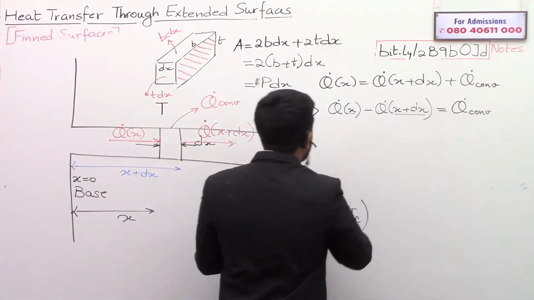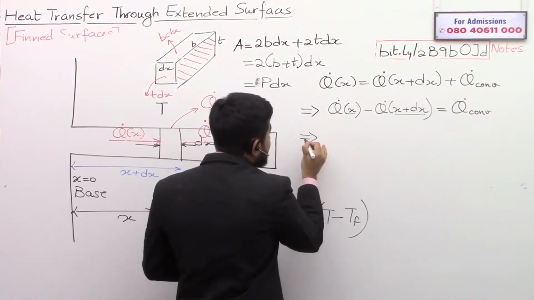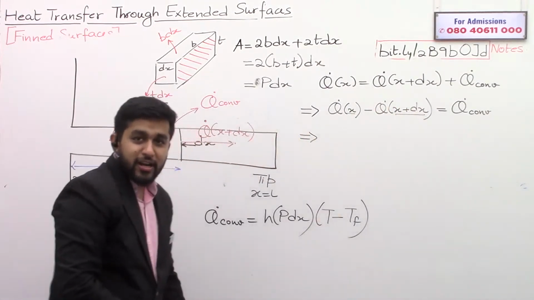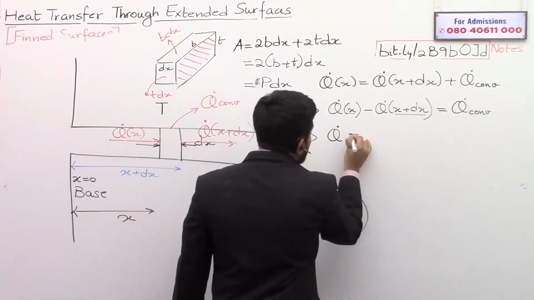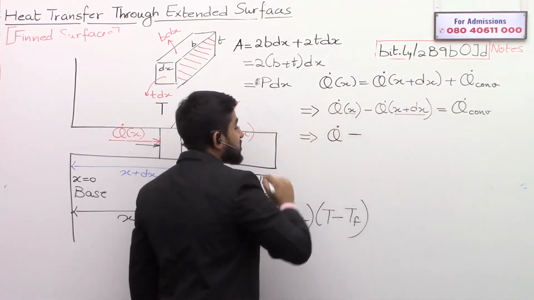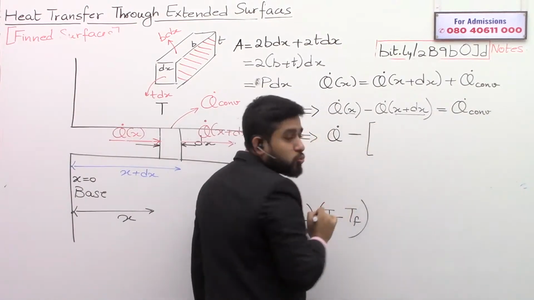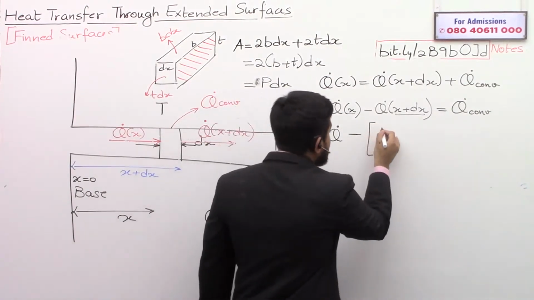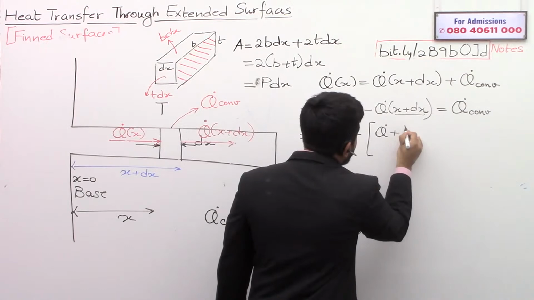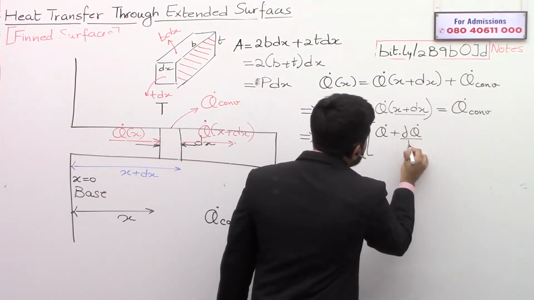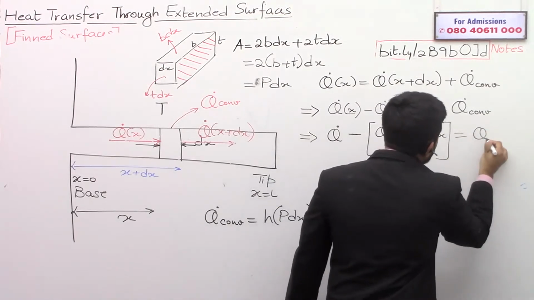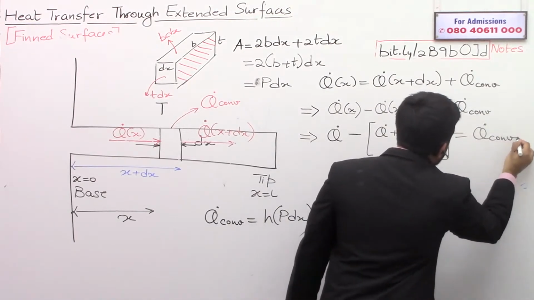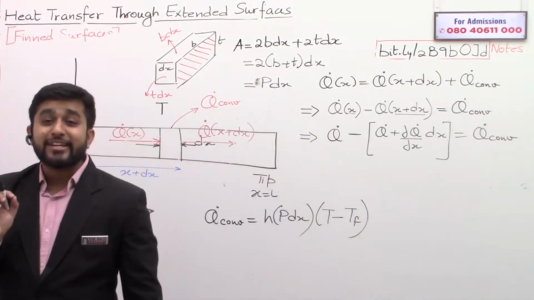So I will use Taylor series on this rate of heat conduction. So this will become q dot for section x minus q dot for x plus dx, so that will be q dot plus del q dot by del x dx. So this is equal to q dot convection. Please note q dot is heat conduction.